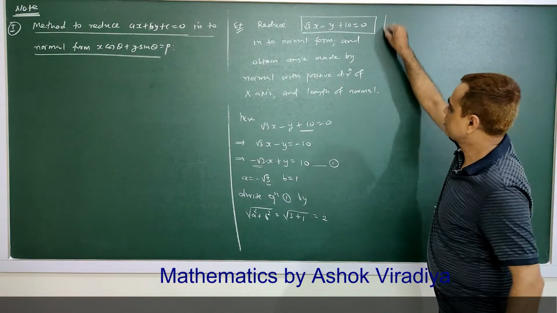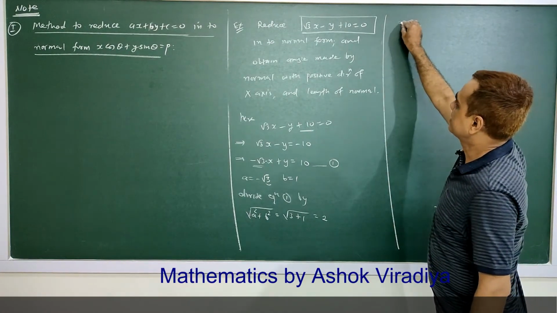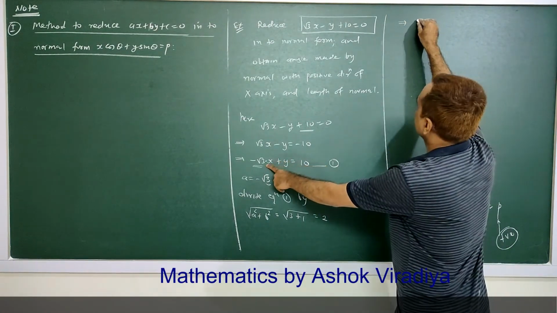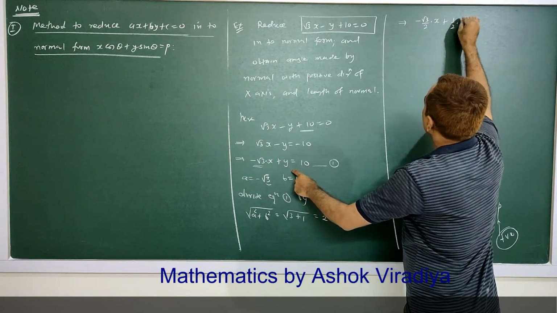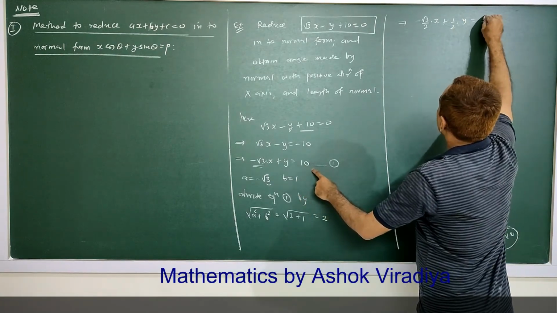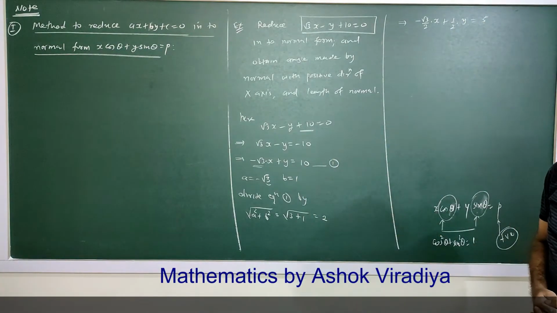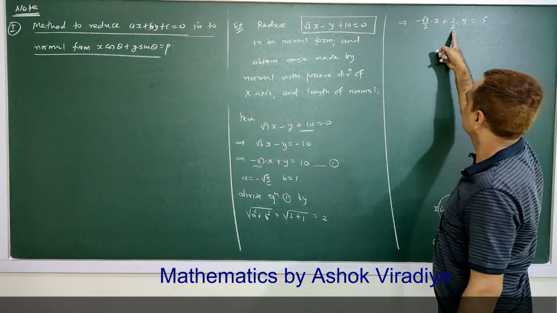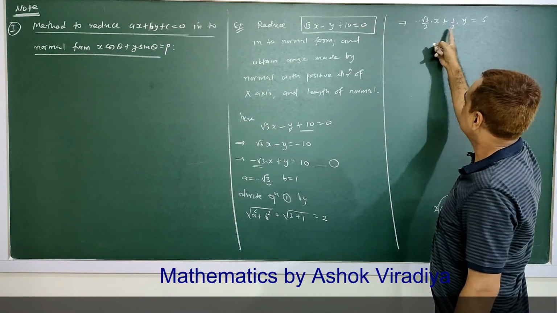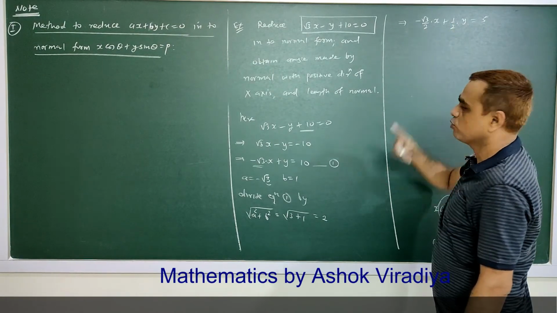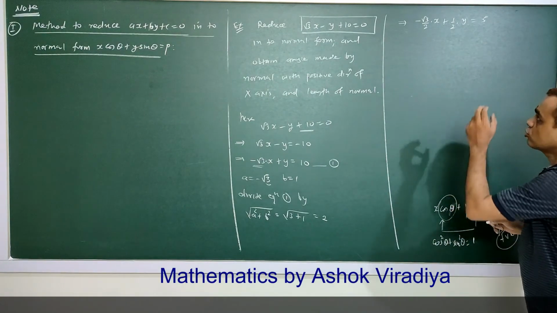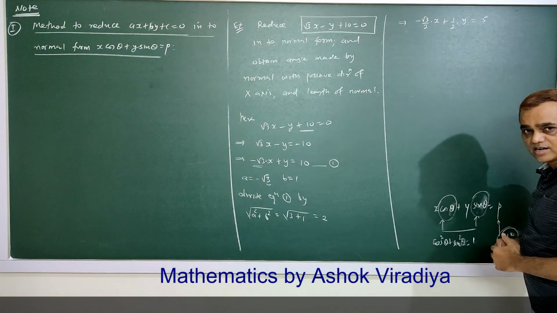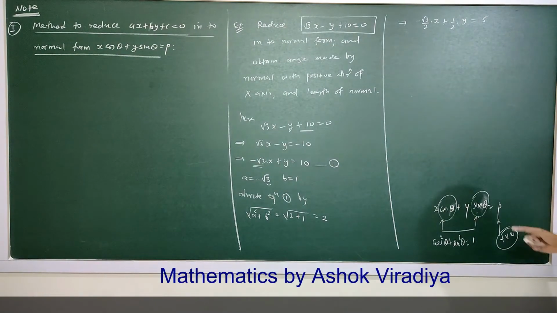Dividing equation 1 by 2, we get minus root 3 by 2 into x plus 1 by 2 into y equal to 5 by 2. Now check these numbers. The sum of their squares, 3 by 4 plus 1 by 4, is 1. So these can be taken as cosine and sine, and the right hand side number indicates p.